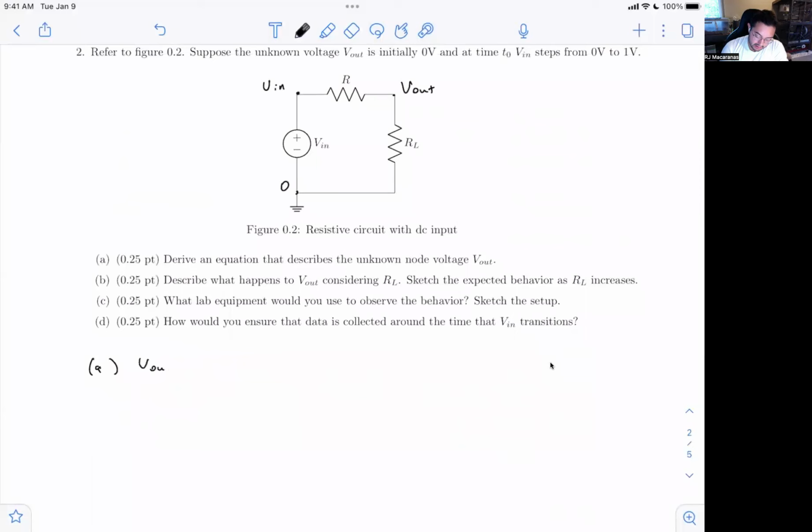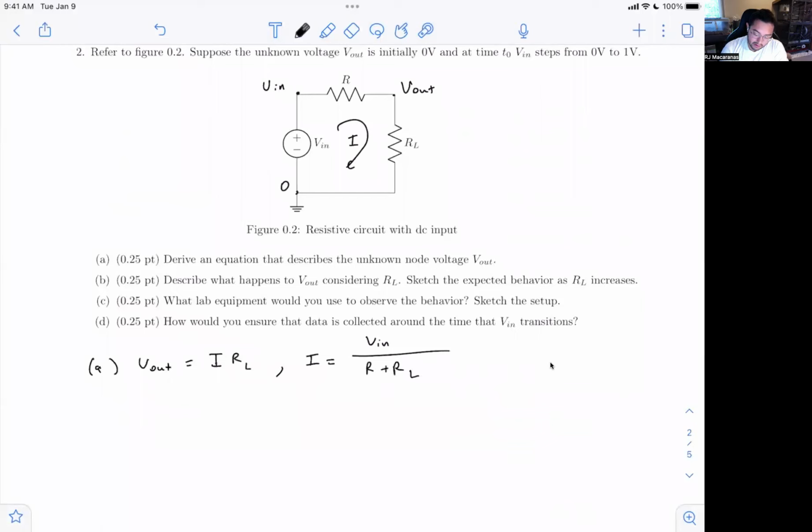Well, Vout is most certainly whatever the current is, because we're all connected in series here. So the current times RL. And so what is that current? That current, well, we're applying Vin divided by R plus RL, right?